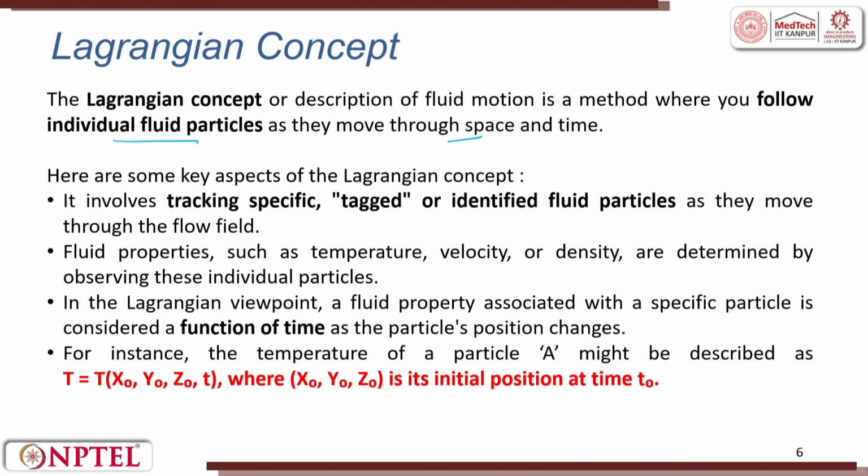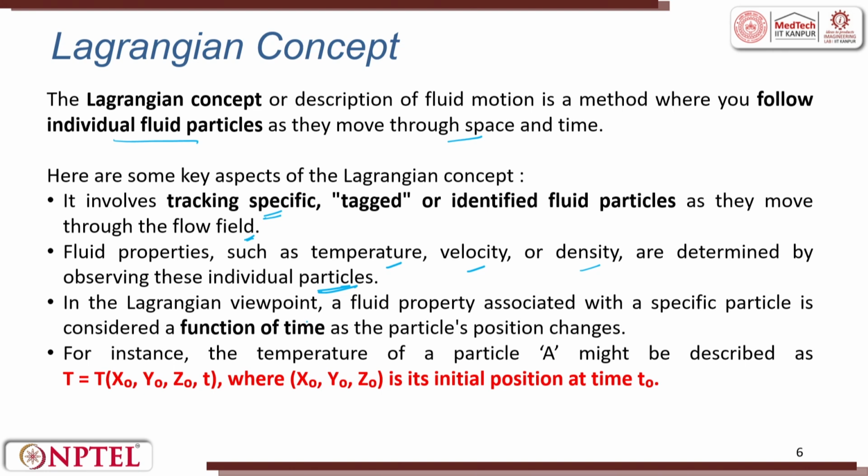Some key aspects of the Lagrangian concept: it involves tracking specific tagged or identified fluid particles as they move through the flow field. Flow field is where the fluid is flowing. The fluid properties such as temperature, velocity, and density are determined by observing these individual particles.